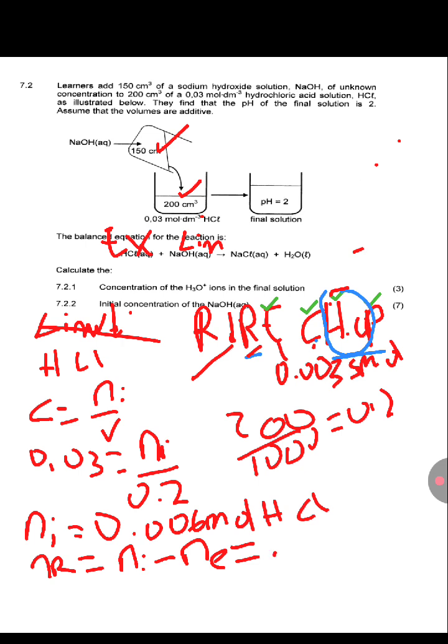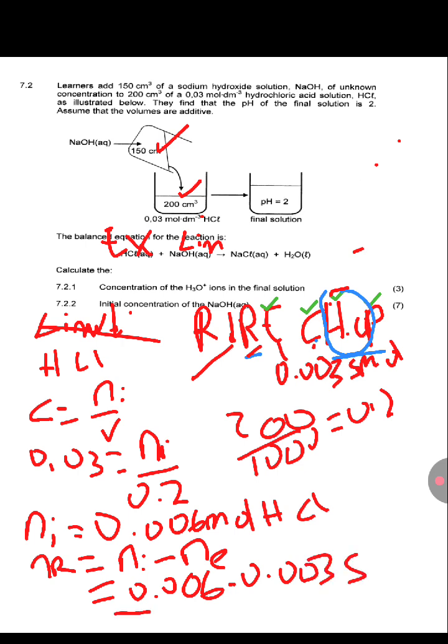So this is equal to 0.006 minus 0.0035, which will give us 0.0025 mole of HCl. Right, these are the reacted number of moles.